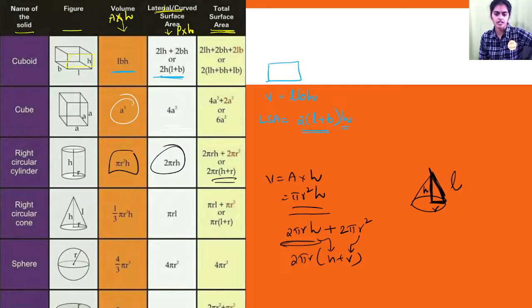Clear everyone? So now if I want to find the volume of the cone, you just remember this example. If I take a cylinder and a cone, let me draw it like this.